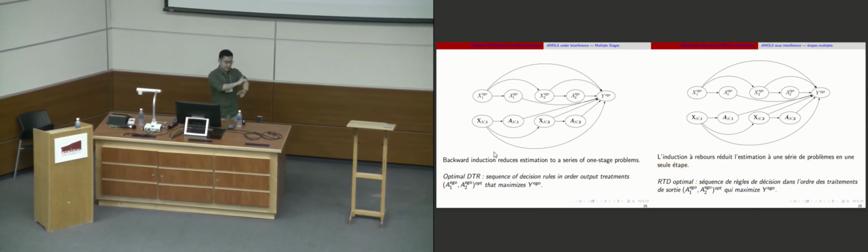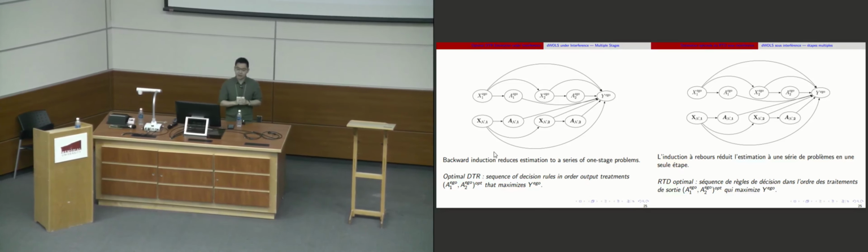So we have seen the one-stage decision problem and the two modeling frameworks about the double robustness of the DR. Our goal now is to estimate the sequential treatment rules. Recall that backward induction will help us reduce the sequential decision problem to a series of one-stage decision problems.